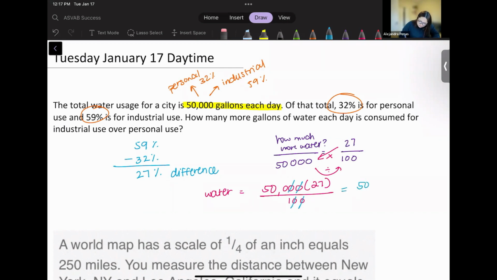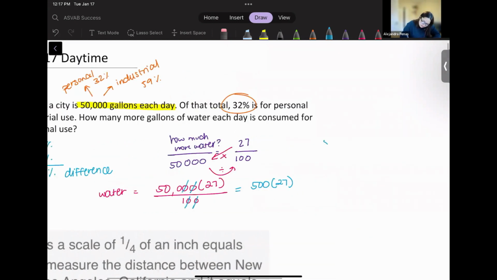So what are we left with? 500 times 27. So let's go ahead and do that multiplication. So we're going to have 500 times 27.